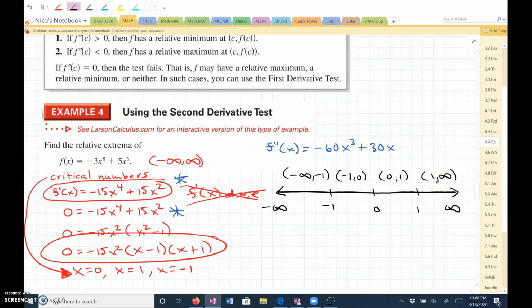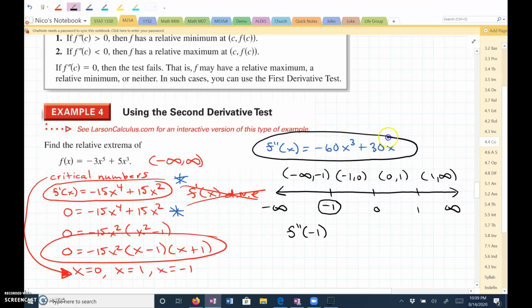What we're going to do different here is test these points. Because if we're able to figure out the second derivative at -1, we can figure out whether at that point it's going to be concave up or concave down, and then we can determine whether it's a relative min or max, if you can apply the second derivative test. If it equals 0, then you can't use it. So when I plug -1 into this, -1 cubed is still -1.